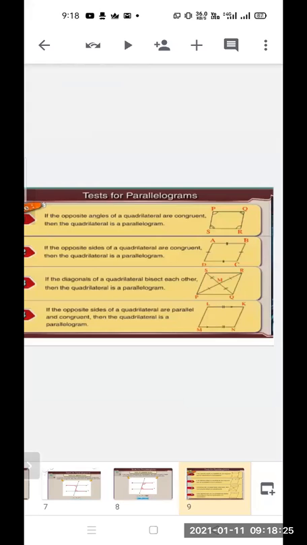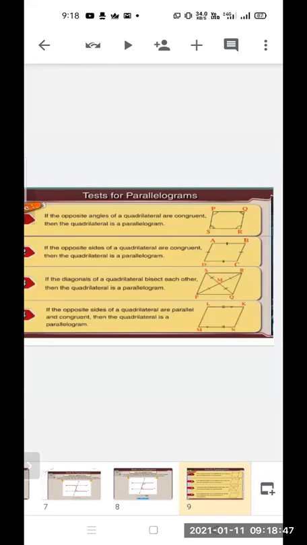This property holds good in a rectangle, children. A rectangle is also a type of quadrilateral in which opposite sides are congruent and parallel. It also holds good in a square.